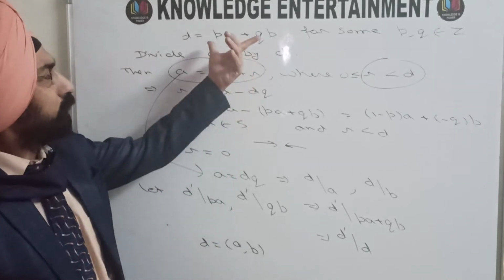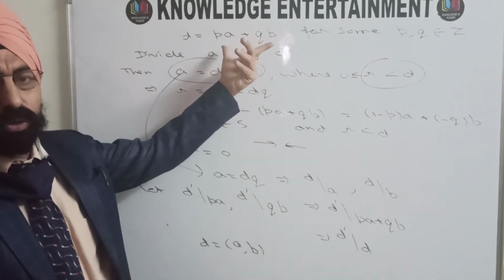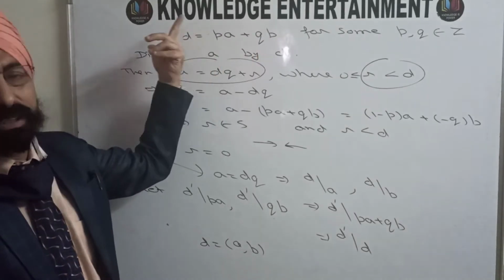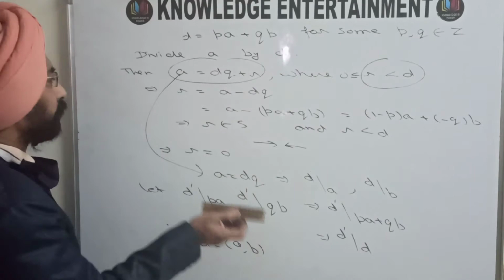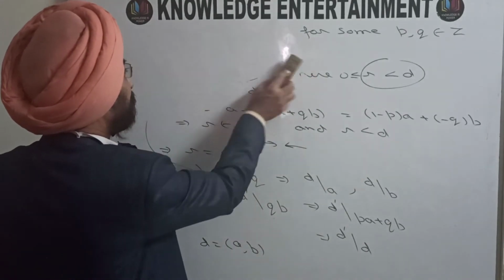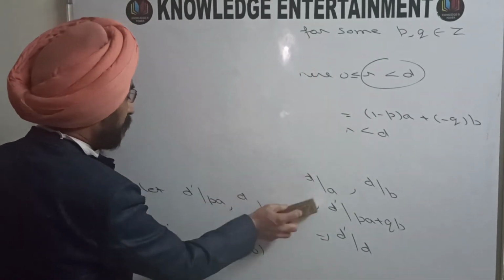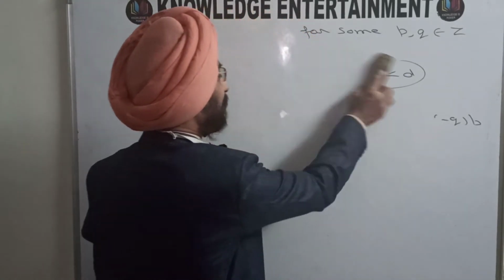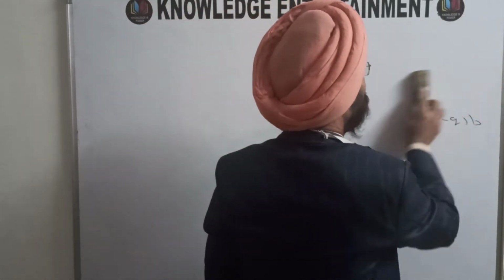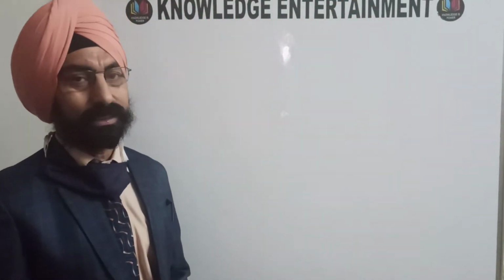There are many possibilities of P and Q which make this linear combination equal to the greatest common divisor. So keep in mind that the expression D equals PA plus QB, in which we write the greatest common divisor of A and B as a linear combination of A and B, is not unique.